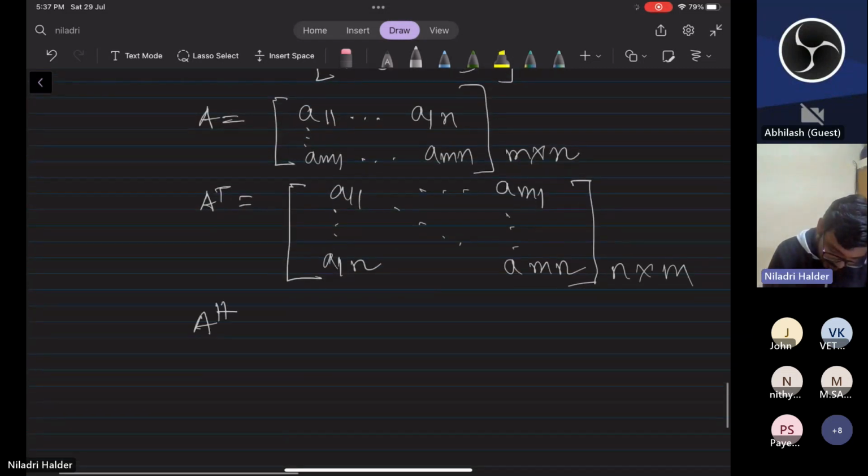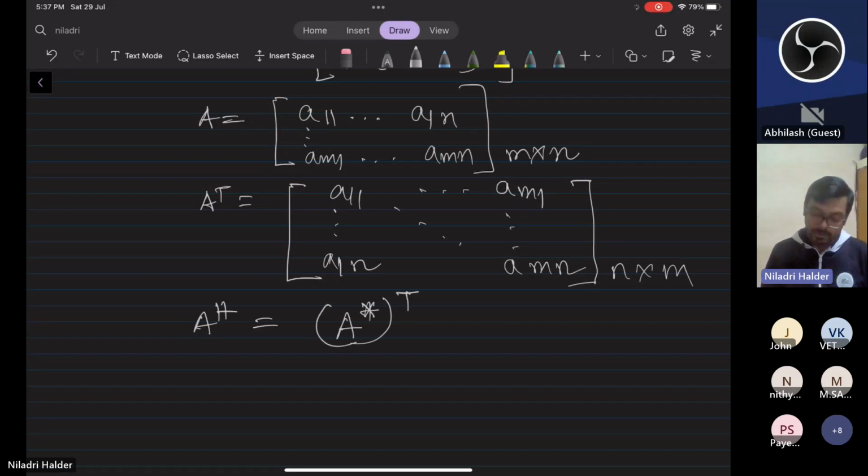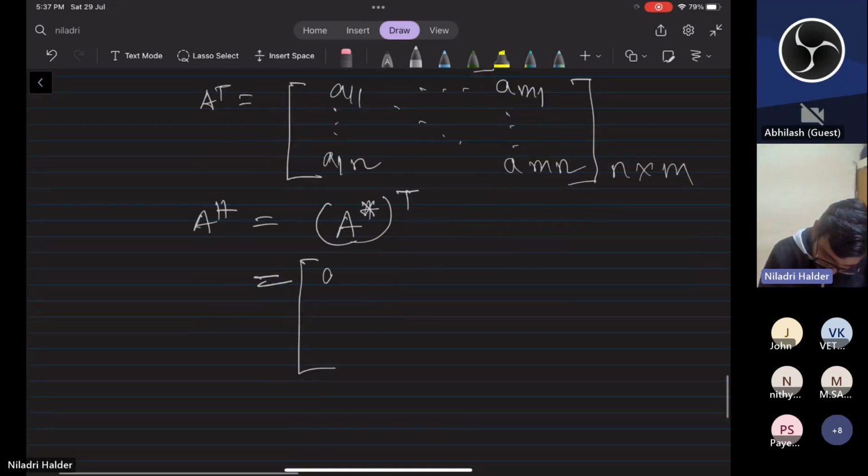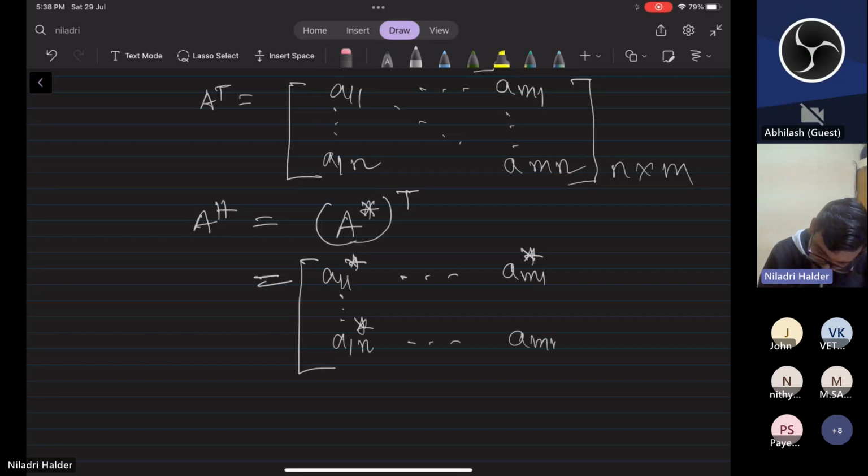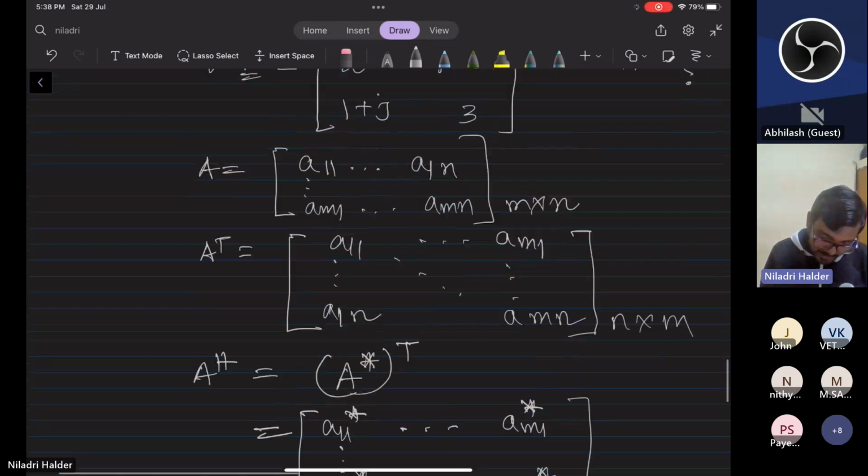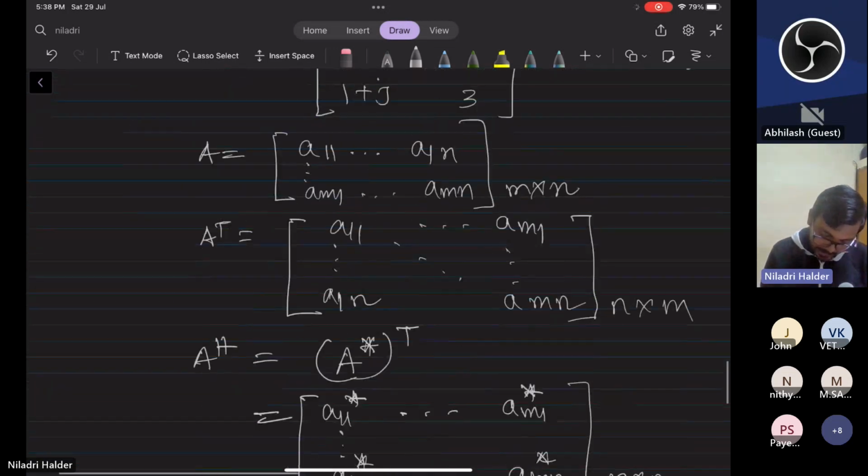Then what is A Hermitian? That is the conjugate transpose. Conjugate means we will conjugate each element of A. That means the same as this one, with A11 conjugate, AM1 conjugate, A1N conjugate, and AMN conjugate. So by this definition, what should be A Hermitian?